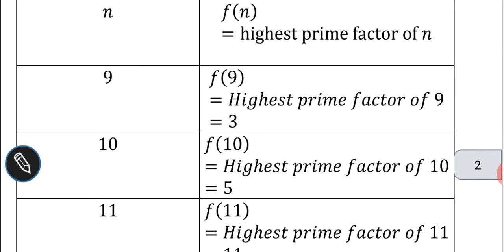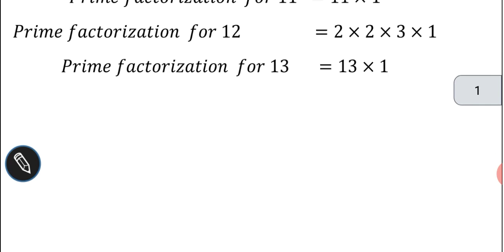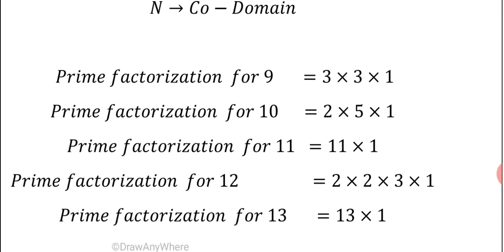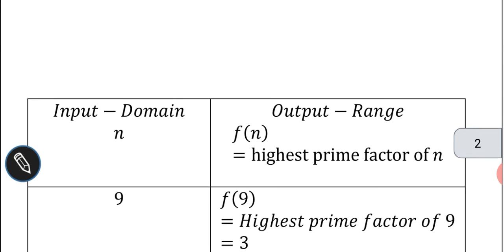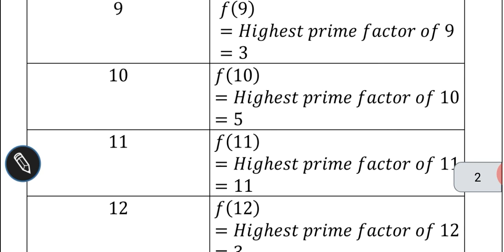Next element is 11, so f(11) equals the highest prime factor of 11. The prime factors are 11 and 1, so 11 is highest. The highest prime factor of 11 equals 11.